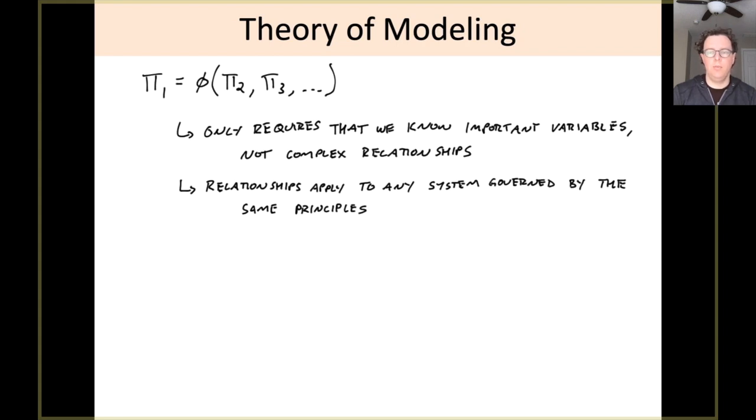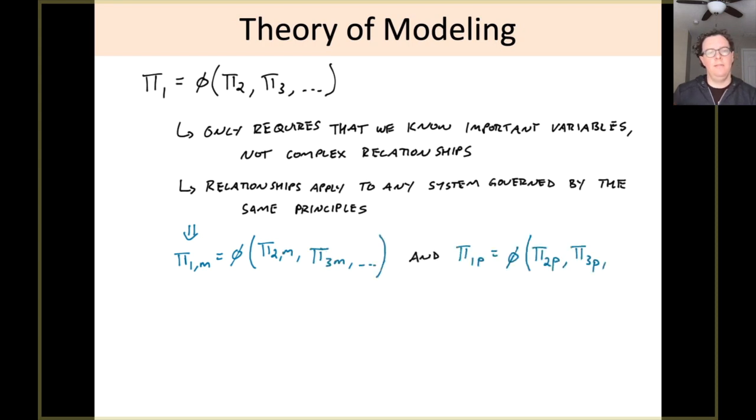So as an example, principles related to buoyancy and stability govern both the small-scale model of the ship and the large-scale ship that we actually build. So this is kind of the key to the way that we model.